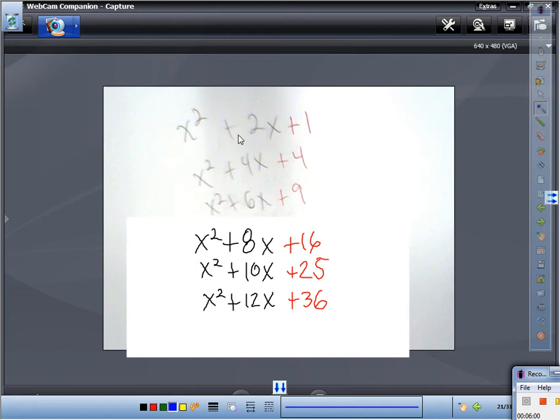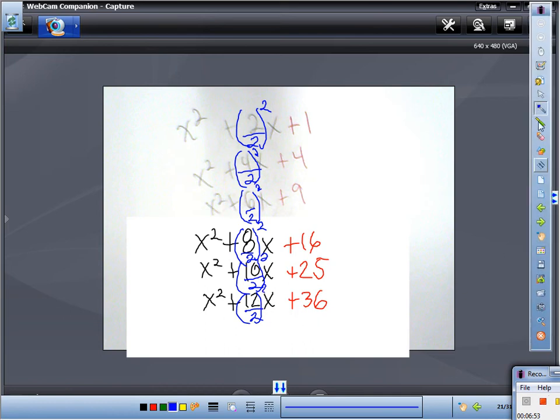The coefficient of the middle term. Okay, so Maria's saying the coefficient of the middle term divided by 2, and then multiply by its same number. How do we call that? Squared. Let's see. 4 divided by 2 squared. What is 4 divided by 2? 2 squared. 6 divided by 2 squared, that is 9. 8 divided by 2 squared, that is 16. 10 divided by 2 squared, that is 25. 12 divided by 2 squared, that is 36.